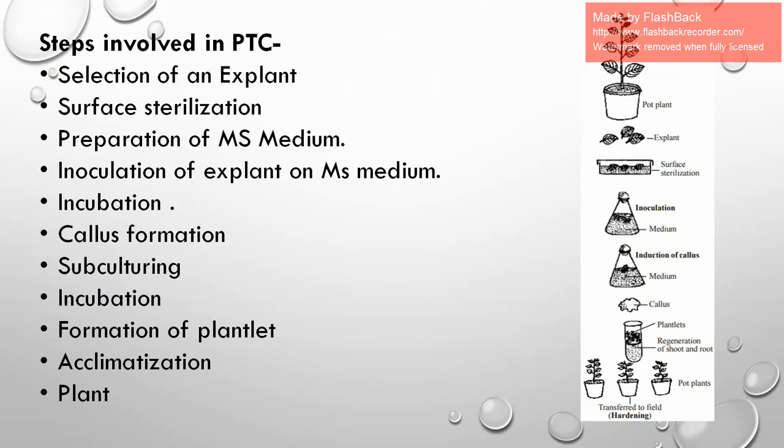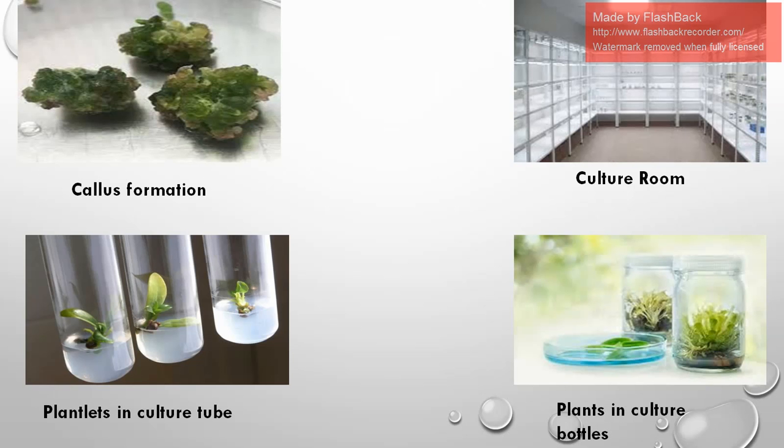Then let us see the steps involved in plant tissue culture. We have already seen that, but here I want to summarize it. Selection of an explant, then surface sterilization, then preparation of MS media, then inoculation of explant on MS media, incubation, then callus formation, then subculturing, then incubation, then formation of plantlets, and then acclimatization, and then transfer to the field.